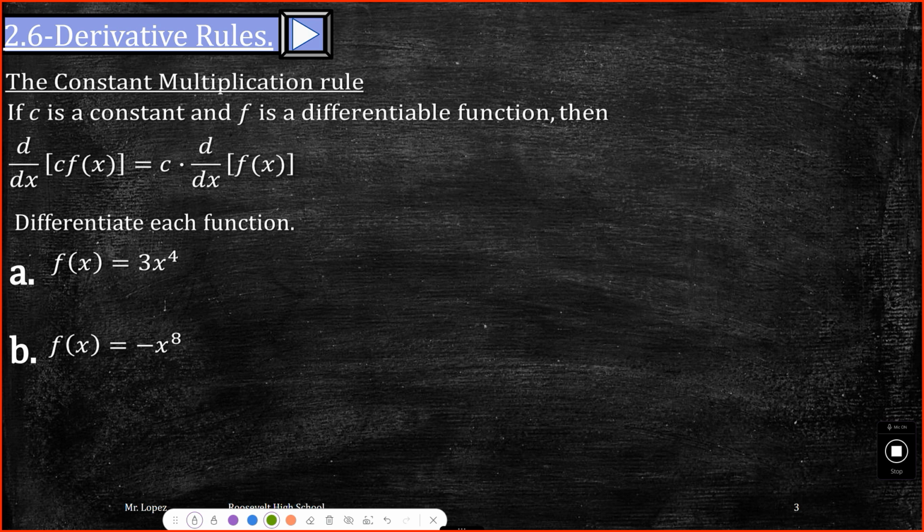Differentiate each of these functions. f of x is equal to 3x to the fourth. I guess we could follow the rule here of what it says: factor out the 3 and then take the derivative, d/dx of x to the fourth.